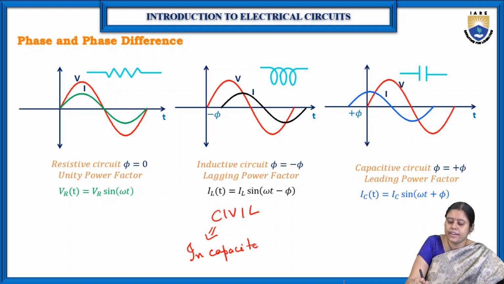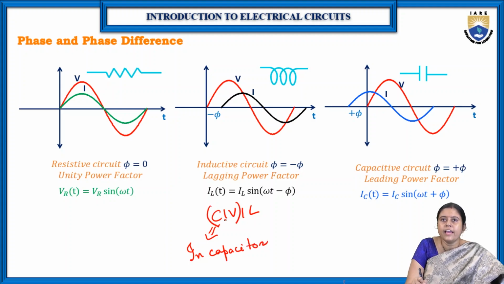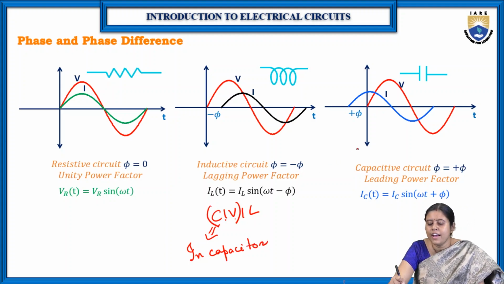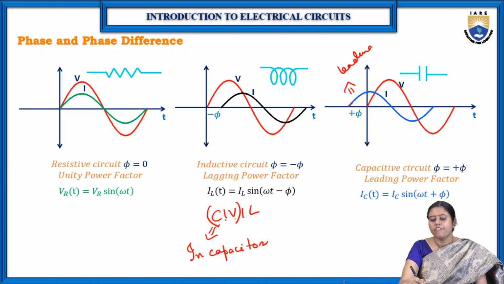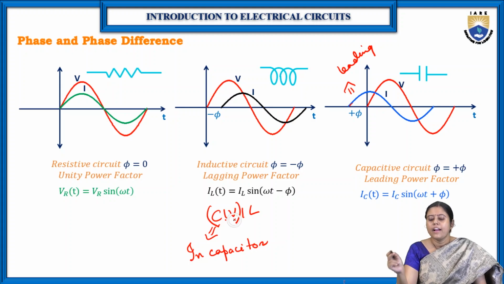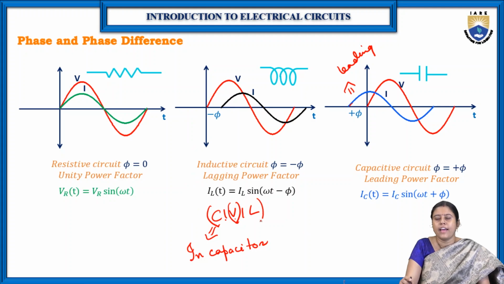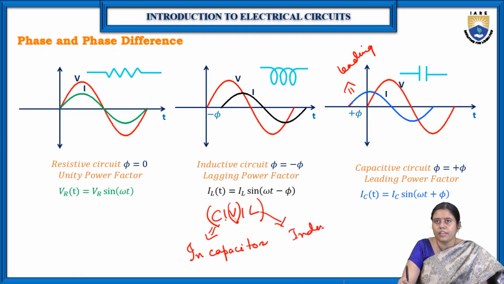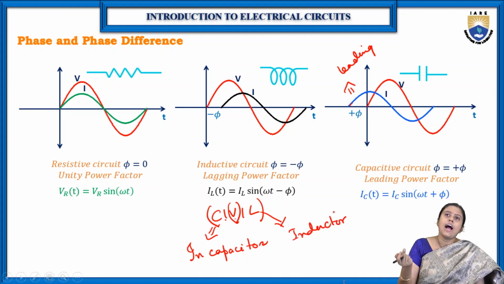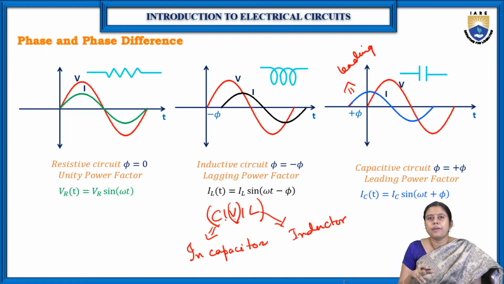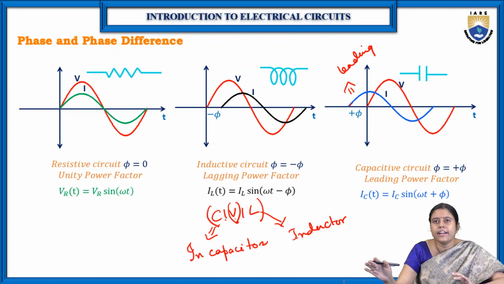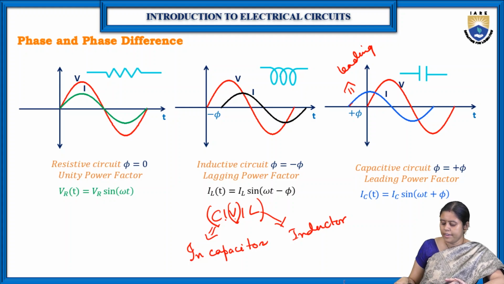In a capacitor, first I, then V. In a capacitor, I is leading, V is lagging. Now the second part, VIL, where L means inductor. V is leading, I is lagging. So if you remember this, you can draw any type of phasor diagram.